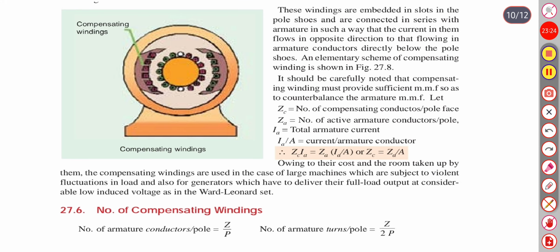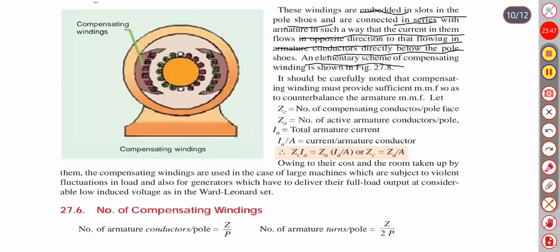These windings are embedded in the slots in the pole shoe and are connected in series with the armature in such a way that the current in them flows in opposite direction to that flowing in the armature conductors directly below the pole shoe.